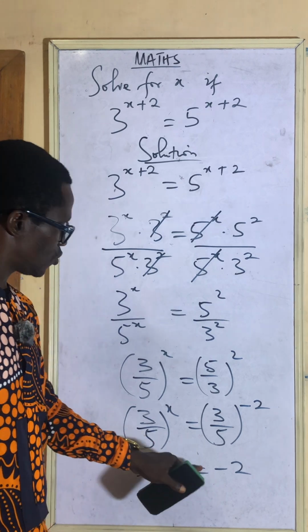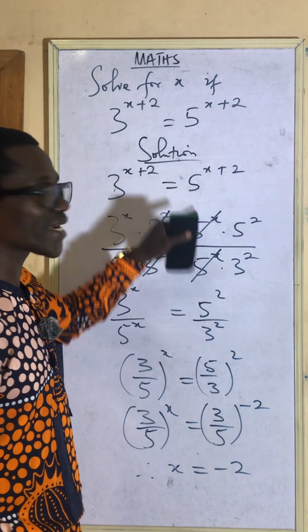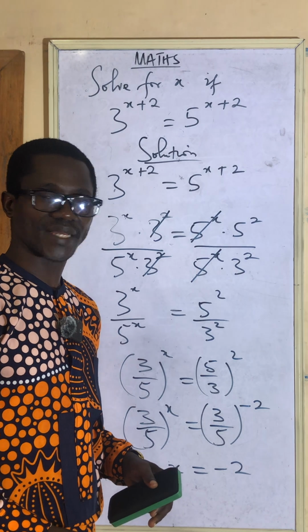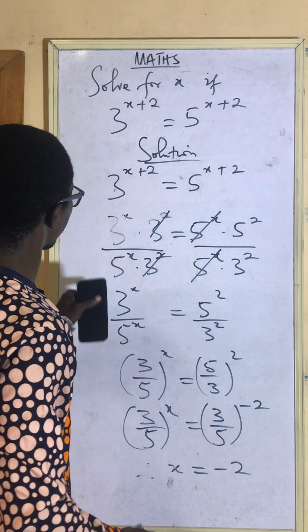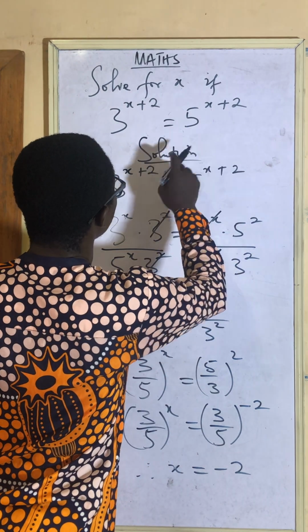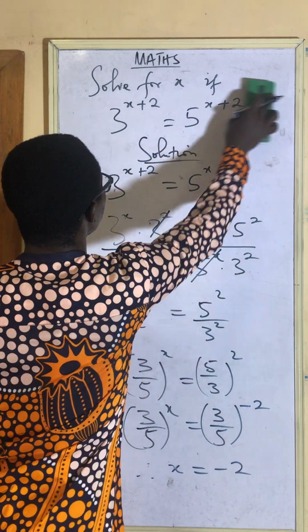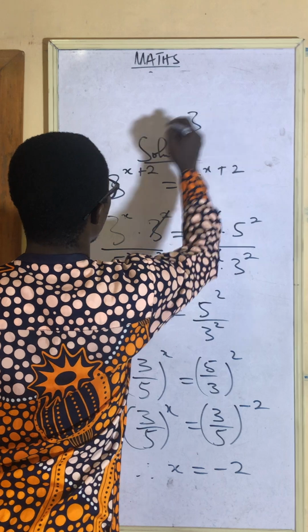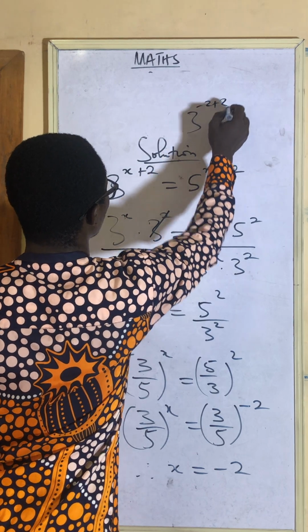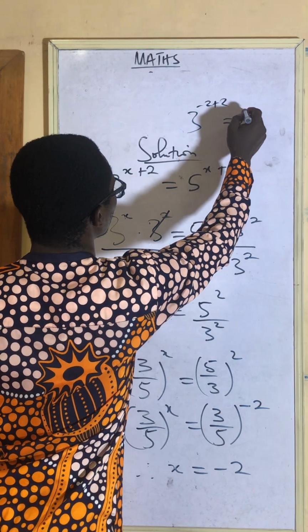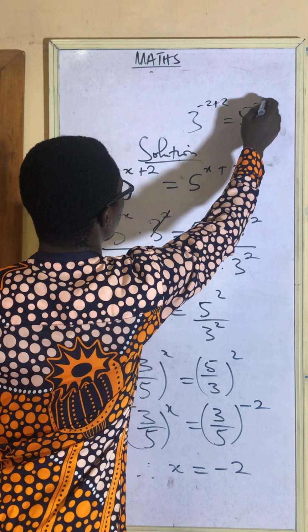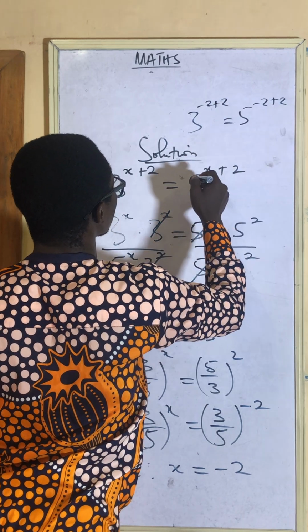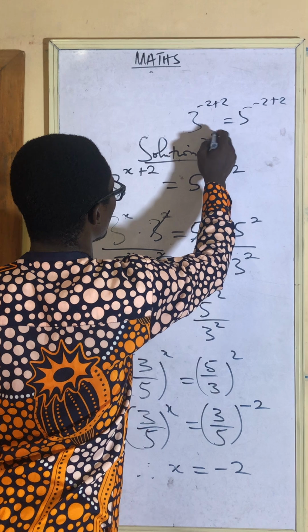Now, we can use this minus 2 to check if our answer is correct. To check, let's bring this 3 raised to power x plus 2 here, where our x is minus 2, plus 2 is equal to 5 raised to power minus 2 plus 2. Minus 2 plus 2 will give us 0.